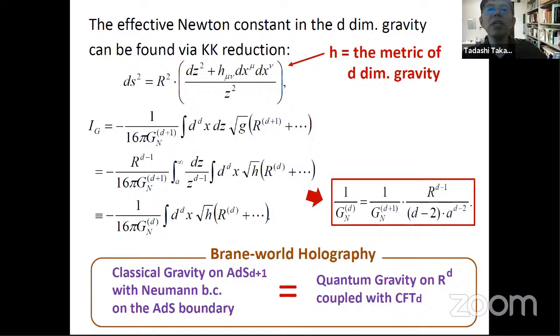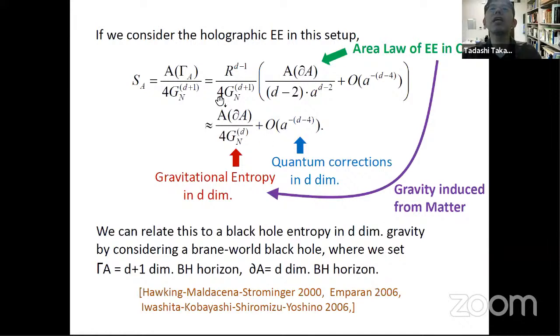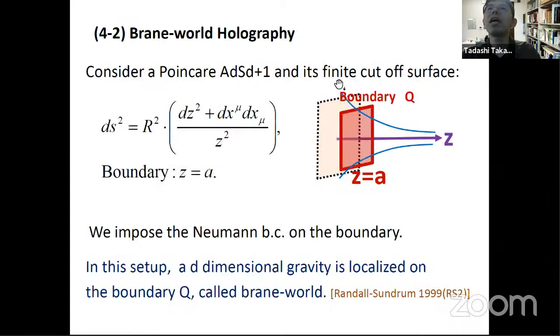And brane world holography tells us that classical gravity on AdS(d+1) with Neumann boundary condition imposed at the boundary is equivalent to some sort of quantum gravity which lives on the boundary, in d dimensions, coupled to large N CFTs. This is brane world holography. So if you look at the holographic entanglement entropy in this setup, we can expand it in the cutoff epsilon.